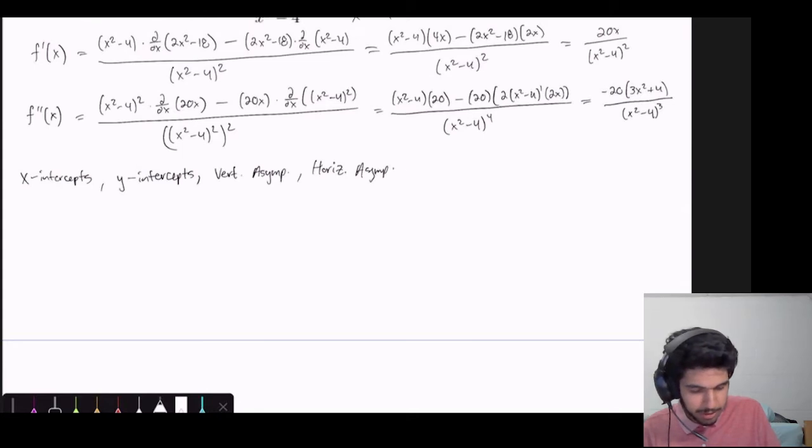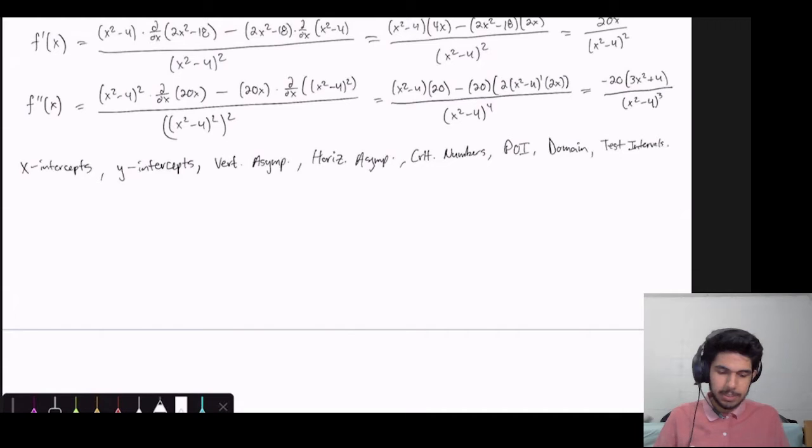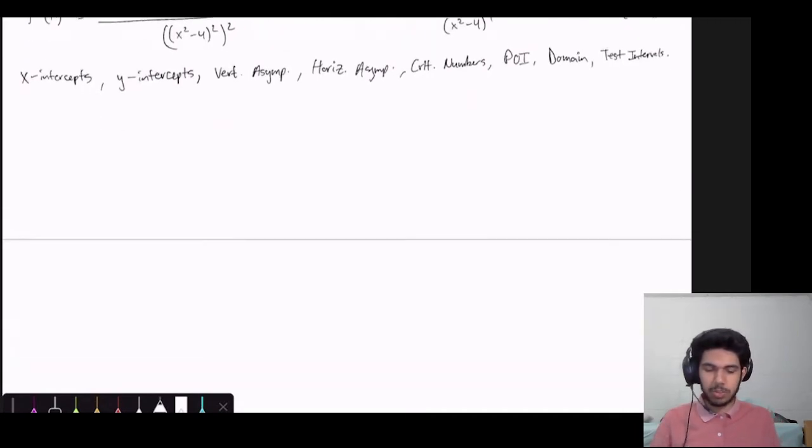We want our critical numbers. Our points of inflection. And then maybe we'll consider the domain and our test intervals. Okay, so it's a lot of things, but let's just walk through it one by one, and then we'll see at the end how we can piece everything together.